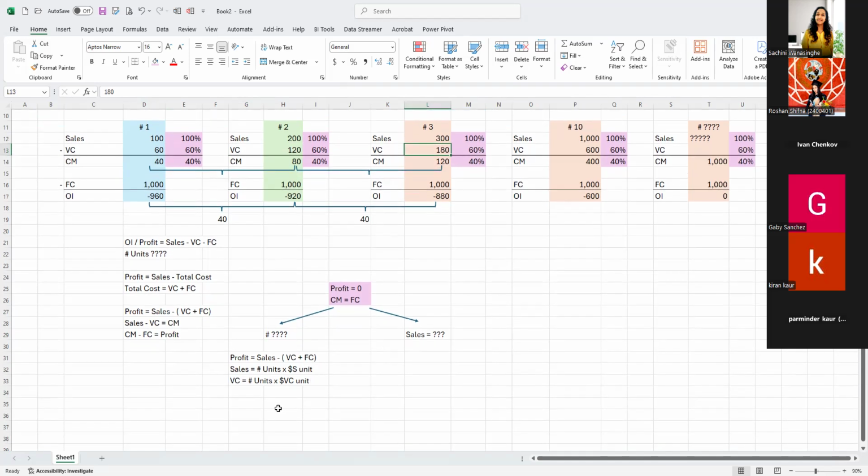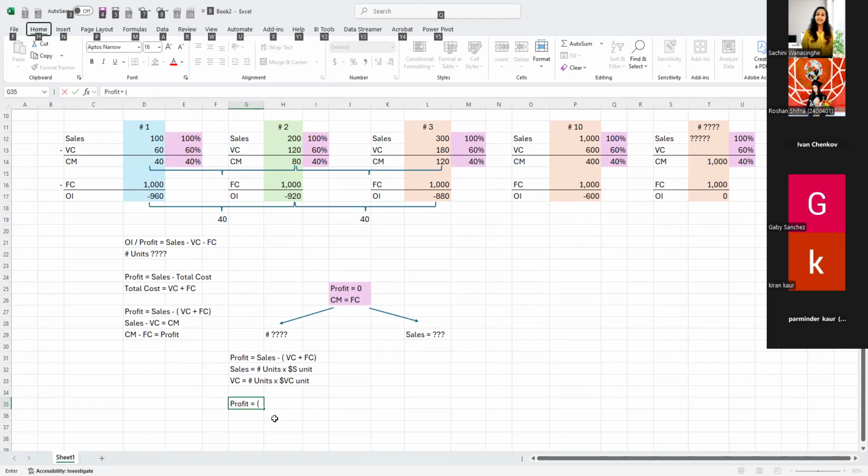So once I know that, I can say that my profit is equal to sales, but sales are now number of units times sales price per unit.